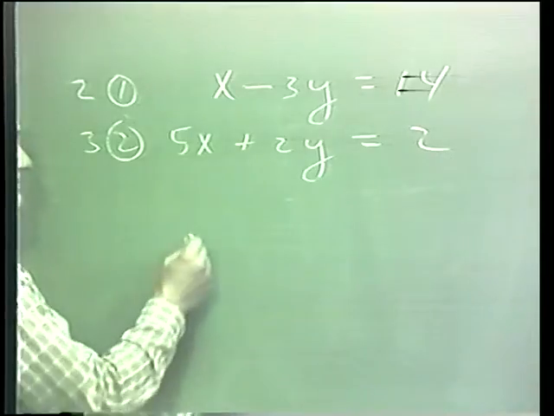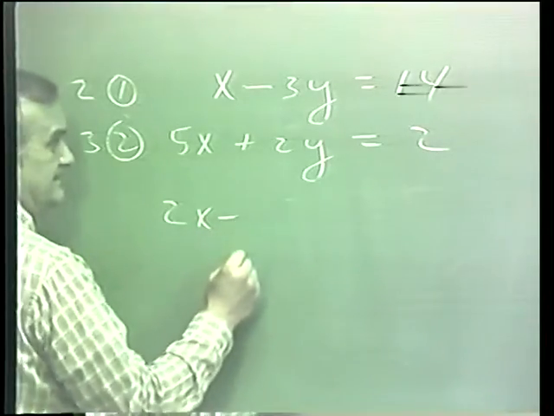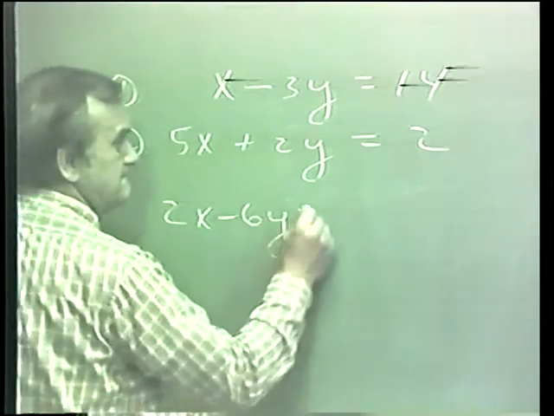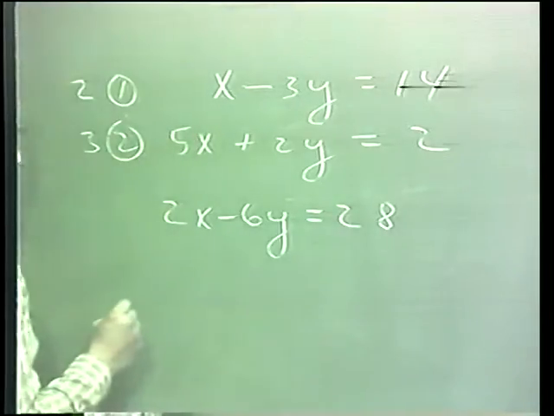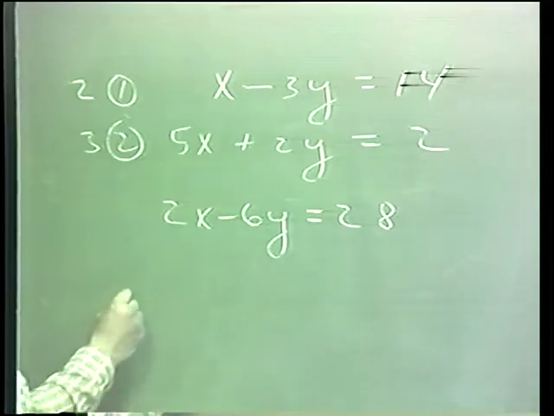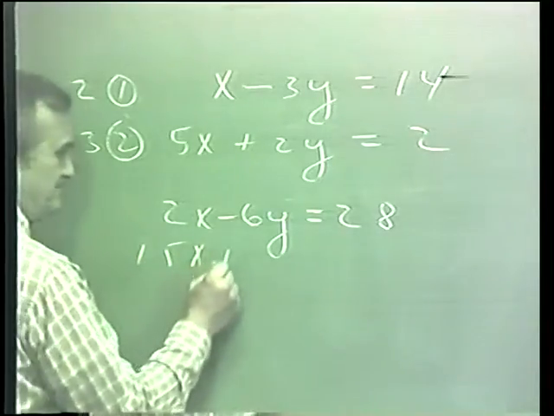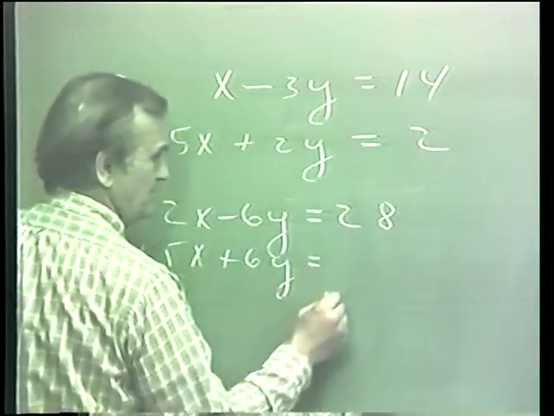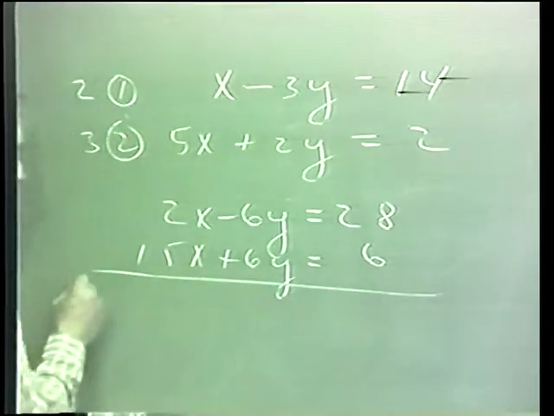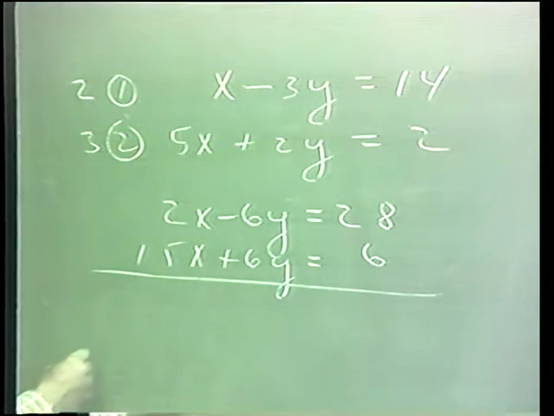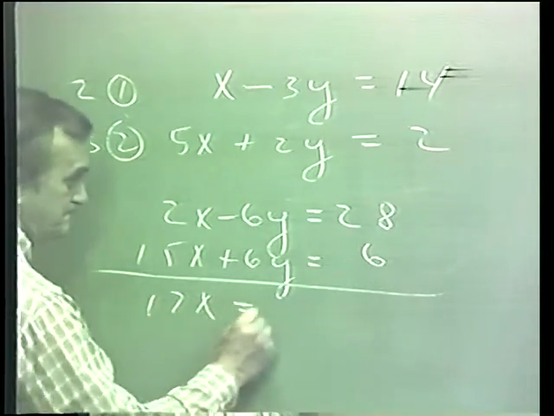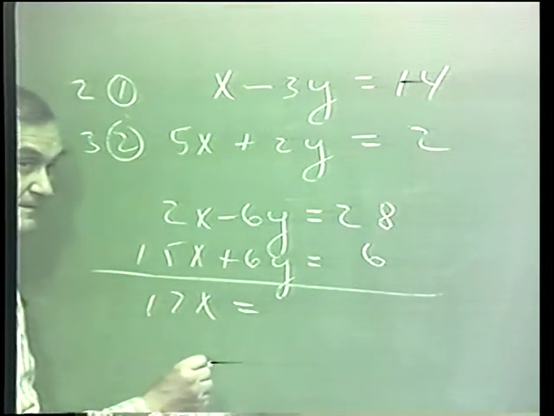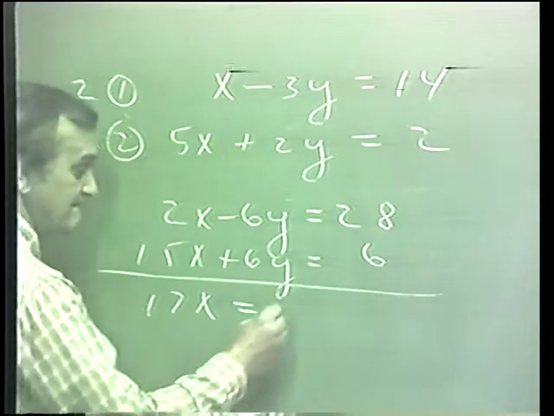Multiply by 2. 2x minus 6y equals 28. Multiply the second equation by 3. 15x plus 6y equals 6. Add the two equations up, Lynn. 17x equals 34.